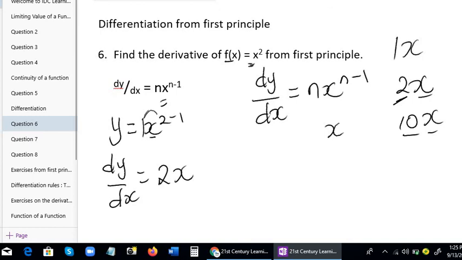So you have x to the n. If this is 1, n times 1 will give you nx, then n minus 1. So 2 times 1 is 2, x to the 2 minus 1, which is 1. What will my answer be? My answer will be 2x.